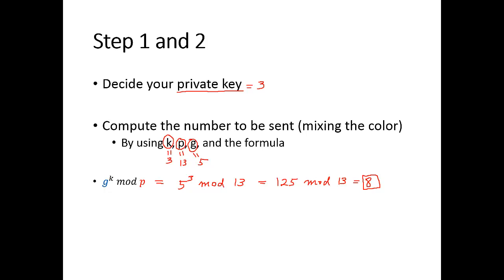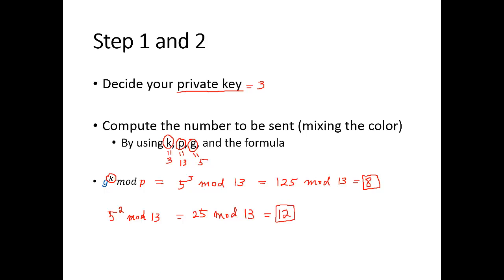Their public color to be exchanged will still use the same generator, which is 5, and now K for the other side, let's say Bob, is 2, mod prime number 13. So 5 to the power of 2 is 25, and 25 mod 13 gives you 12. That's the public color to be sent to Alice.